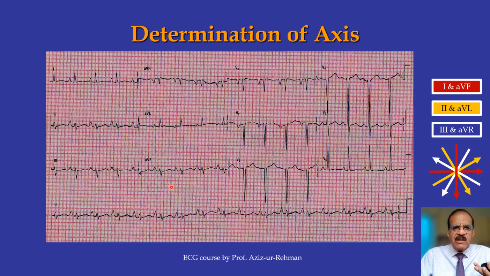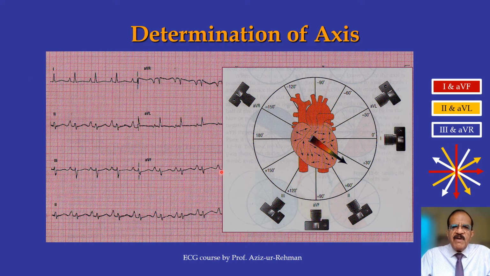In this case, AVF is isoelectric. We are going to cover this part because these do not matter, and focus on the limb leads. So we cover this and bring up this picture for reference. From this observation, AVF is isoelectric, so we determine that the cardiac axis is along lead 1.